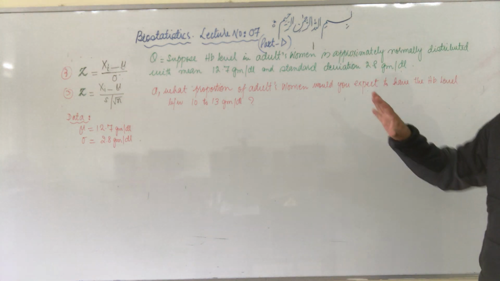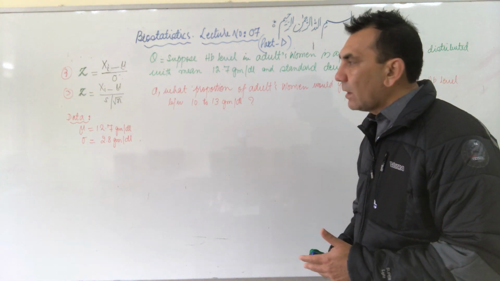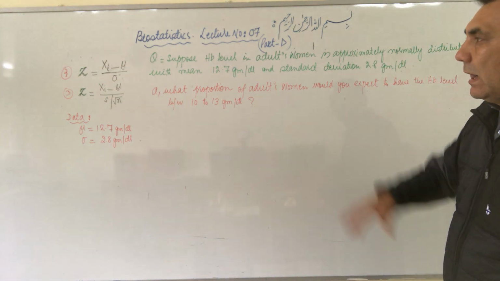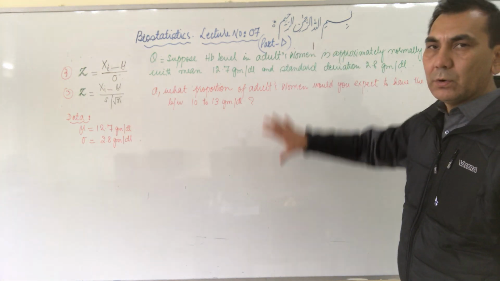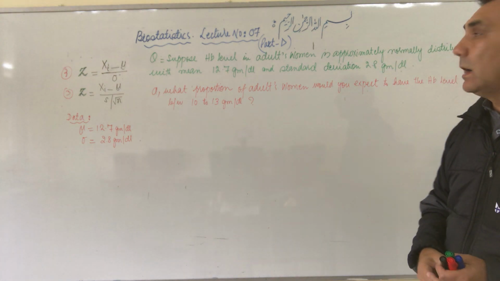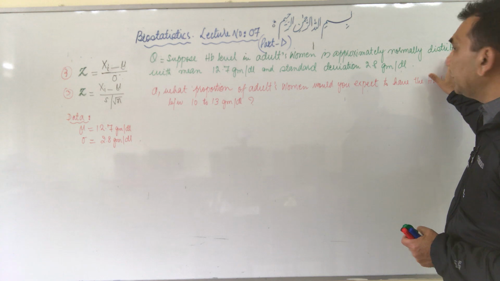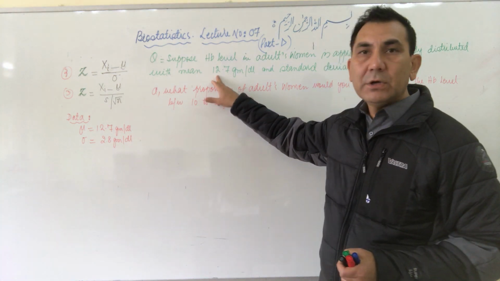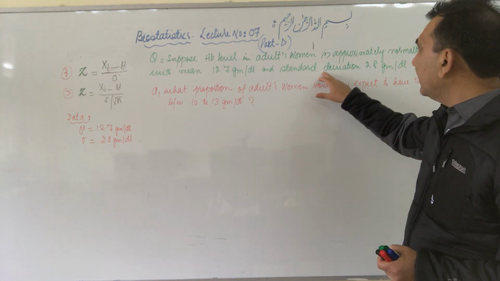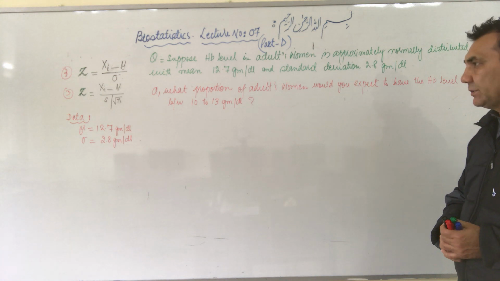To solve this with the third formula of the sample size, we have an example here. Suppose the hemoglobin level in adult women is approximately normally distributed with a mean of 12.7 gram per deciliter, and the standard deviation is 2.8 gram per deciliter.